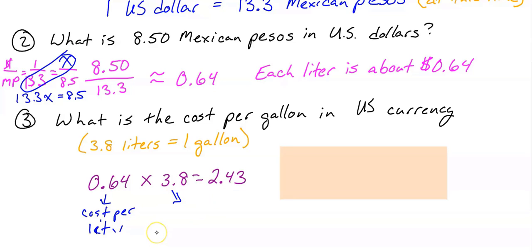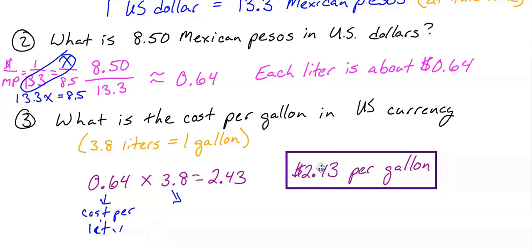And we would get 2.43, so that tells us the cost per gallon in US dollars is $2.43 per gallon.